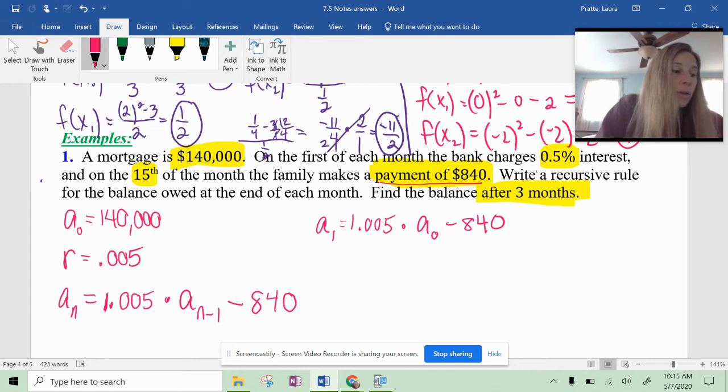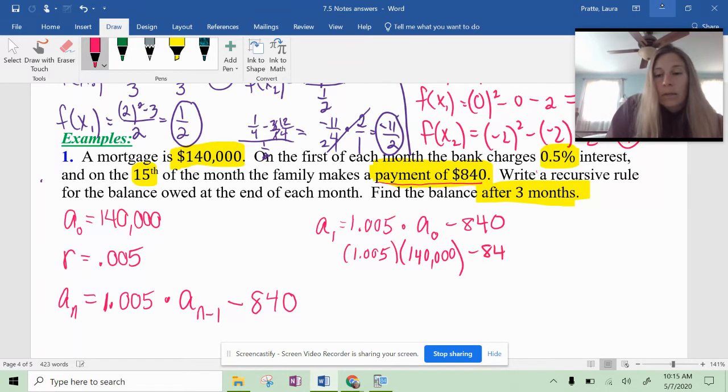When you do that on your calculator, you're putting in 1.005 times 140,000 minus 840. This calculates the interest first and then subtracts the payment. If you wanted to do it the other way, it's not really clear which way it would work, but since the first of the month comes first, we do it as if the interest is added first.